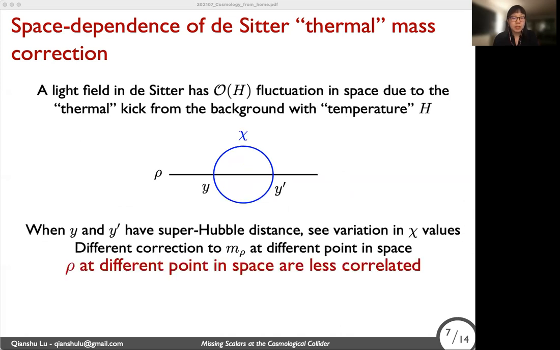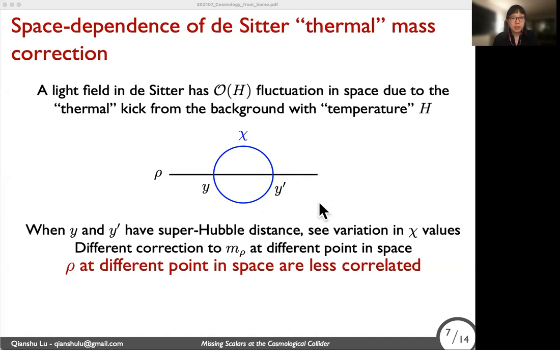But if we go to the next order of diagram, which is this sunset diagram in our rho square chi square theory, now we have two interaction points in the diagram, which are individually going to be integrated over all of space. But because we have two separate interaction points, when the 2 points have super Hubble distance, they will be able to see a variation in the chi field values. And this variation in the chi field value they see will lead to a different correction to the rho mass at different points in space.